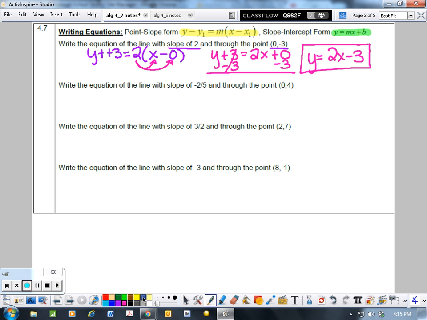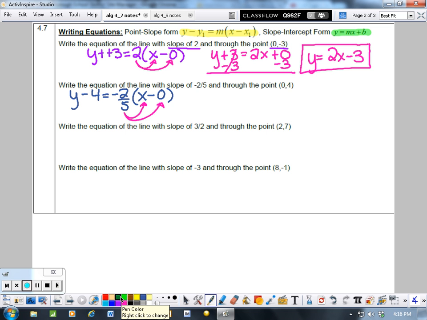Okay, so we'll move on to the next one, doing the same idea. So now we're going to have y minus the y value of our point, 4, equals our slope, negative 2/5, times x minus the x value of our point. So the first thing we do is there's no double negatives, so we distribute that negative 2/5 inside.